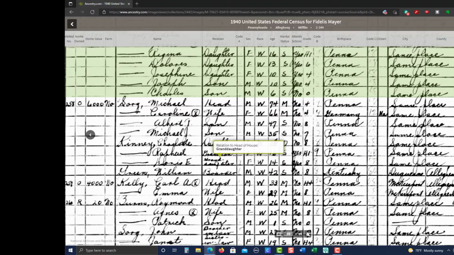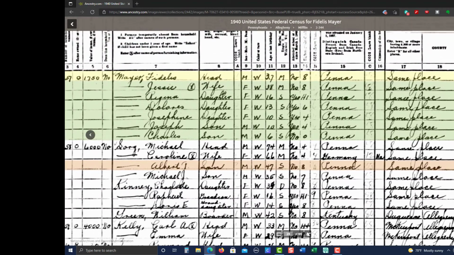Now, you could have strange names, some that seem to be male names for females, and some the other way around. But this, to me, looks pretty clearly to be Doris. So be on the lookout for that. Don't rely entirely on the transcription of any of this information.